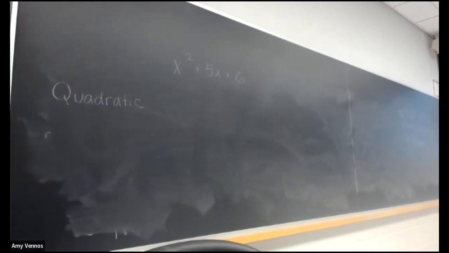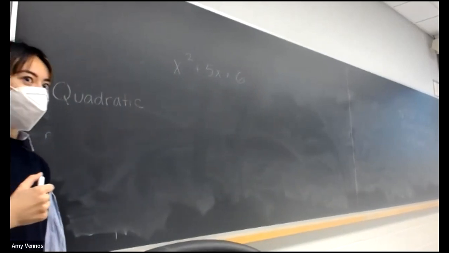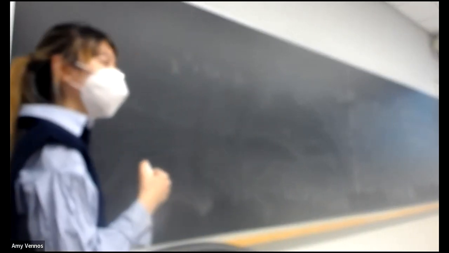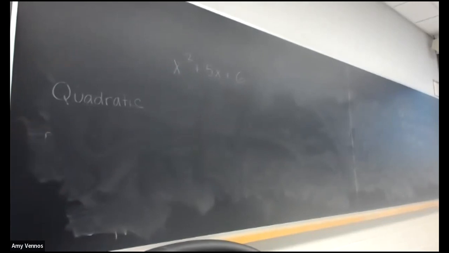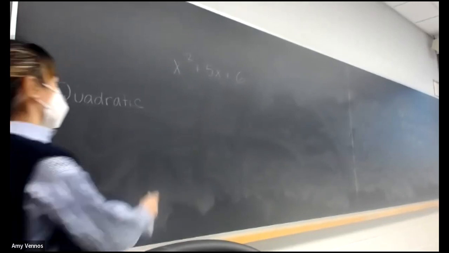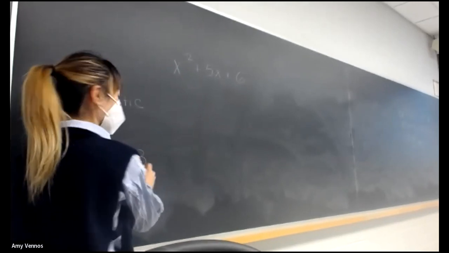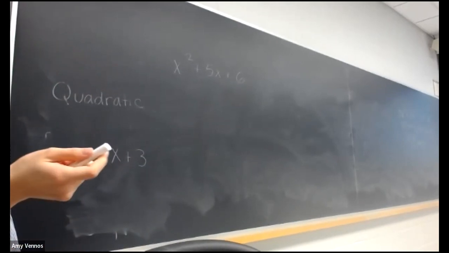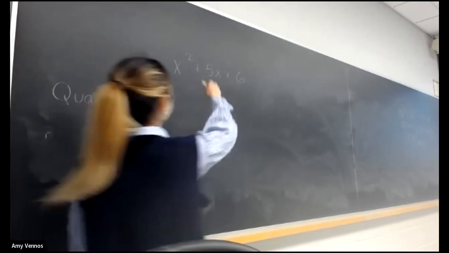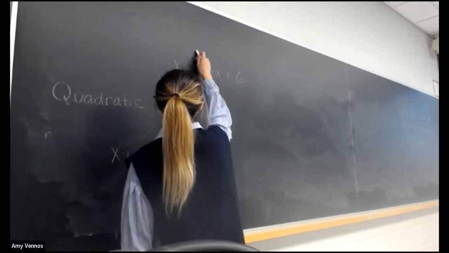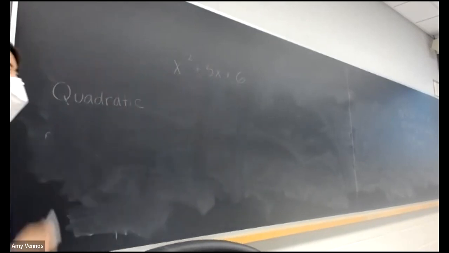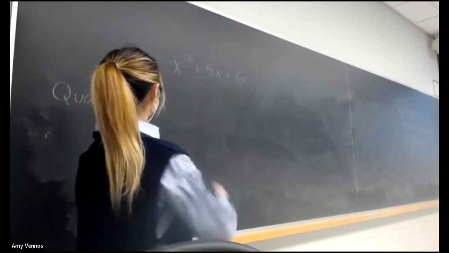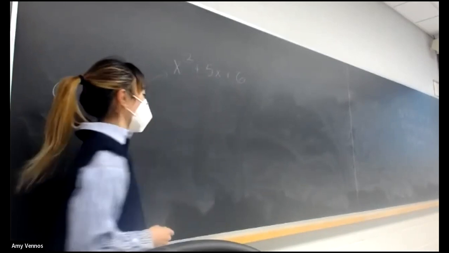Does anyone know what it means for something to be quadratic? So why does this expression get labeled quadratic while this one isn't? X squared, good. If you look at this, the highest power on this polynomial is 2, which means it's a quadratic expression, it's degree 2.